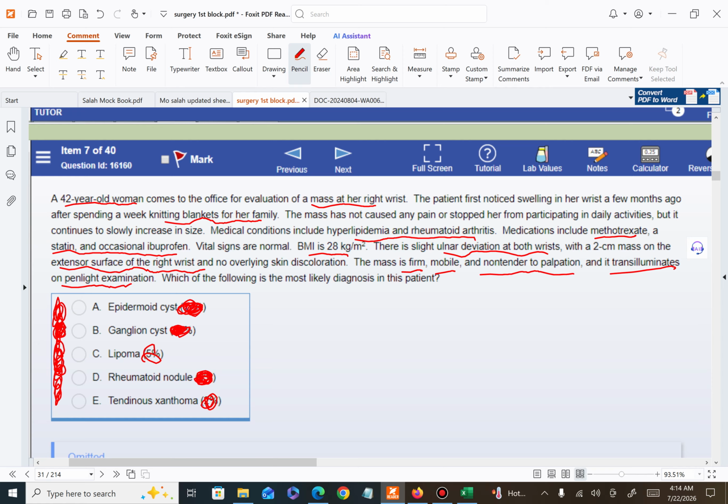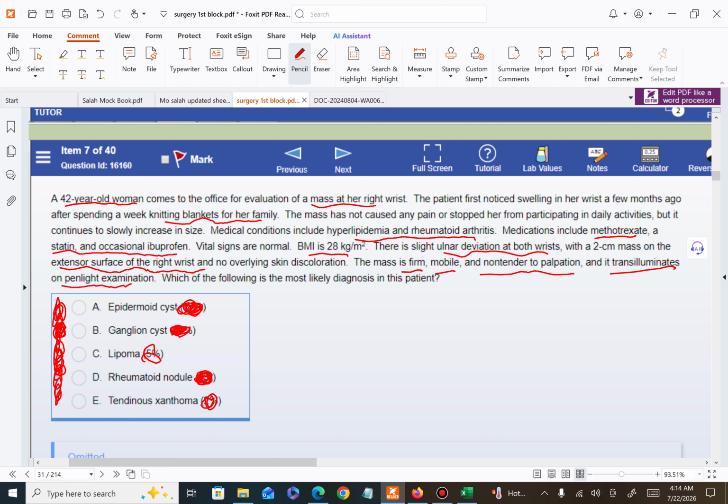So the patient, a 42-year-old woman, presented with a mass on her right wrist, on the extensor or dorsal surface. The mass is firm, mobile, and non-tender to palpation, and it transilluminates on pen light examination.